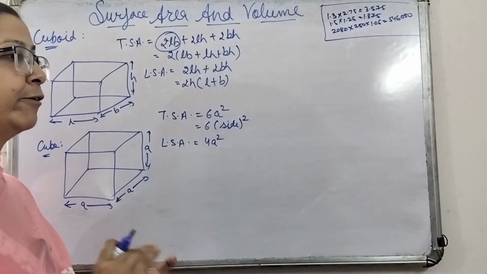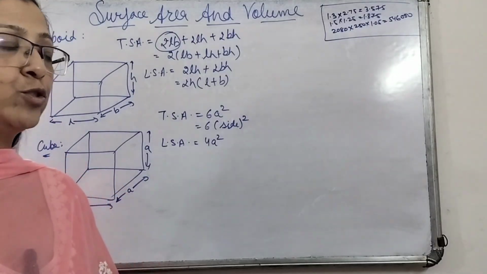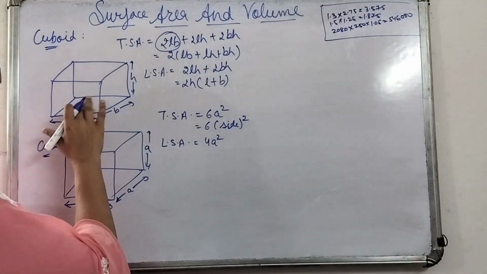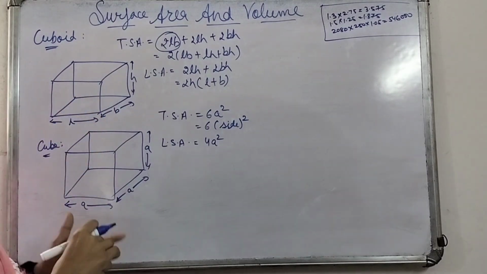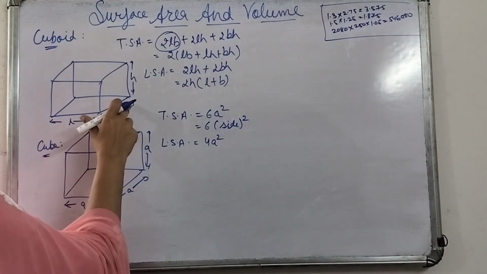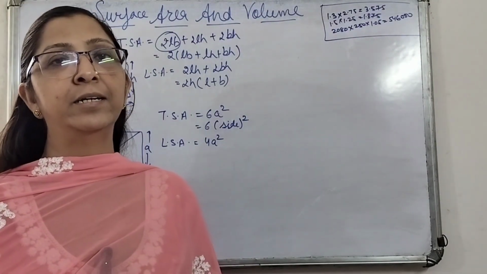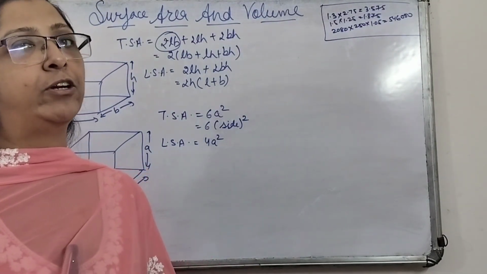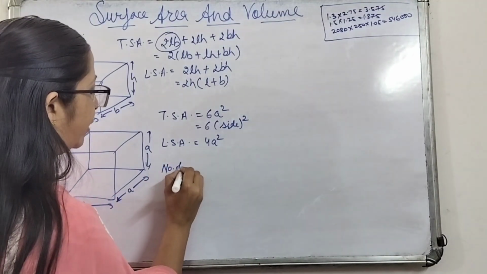Now suppose we have to tile a room. Tiling is to be done only on this face, so we find the area of this portion, that means L into B. And whatever the size of the tile, we find the area of that tile too.